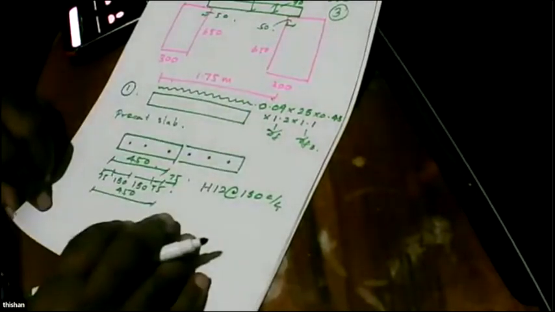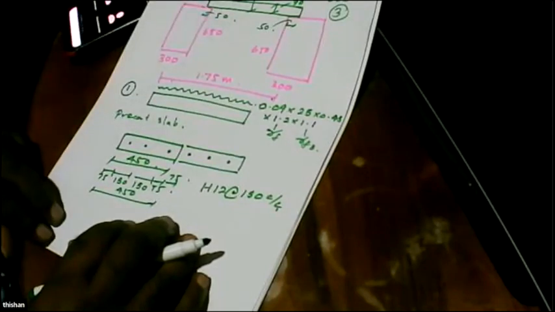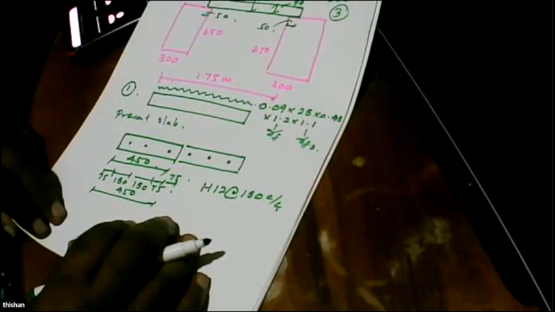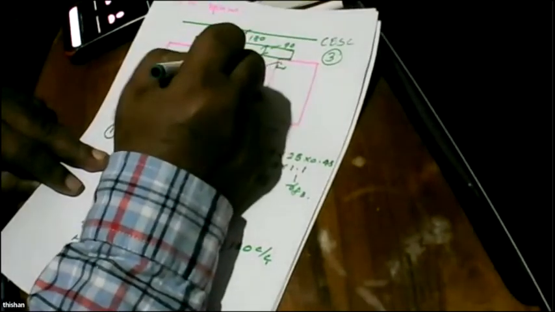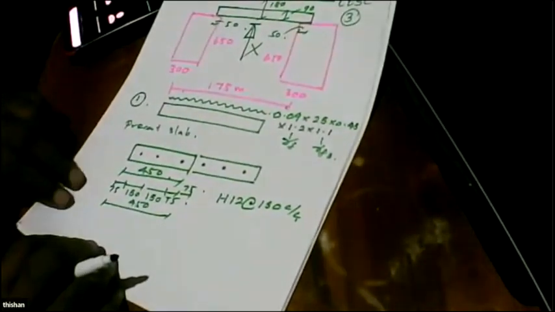So basically we have to make sure that this top slab can be cast without needing any props, because in a bridge, it's difficult to provide a prop in the middle. So we are not going to provide a prop in the middle.